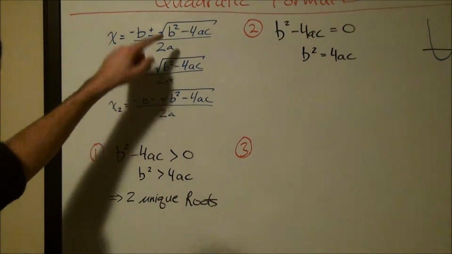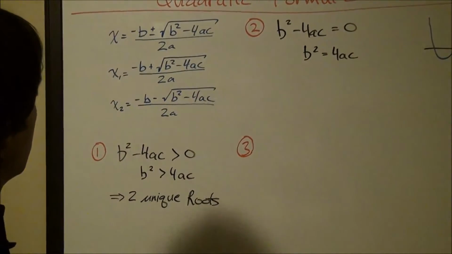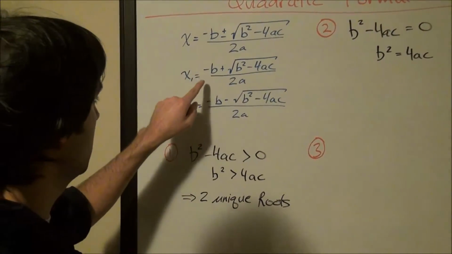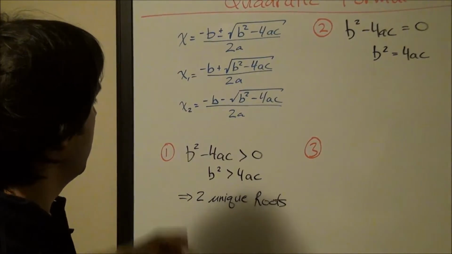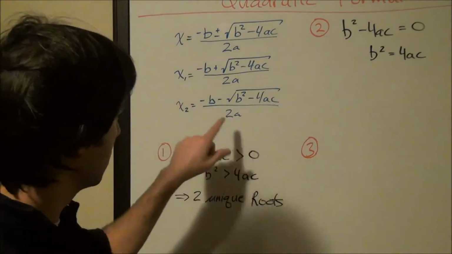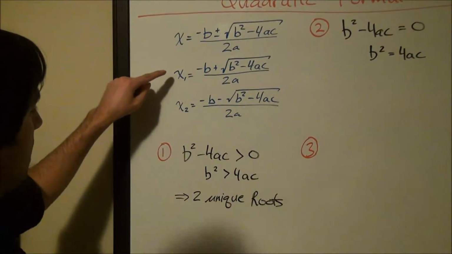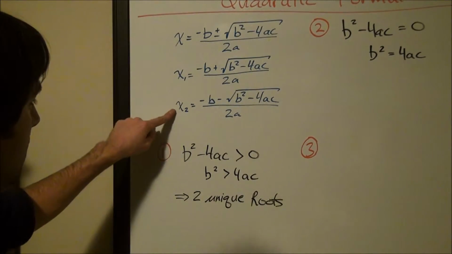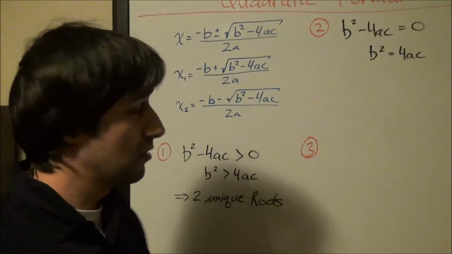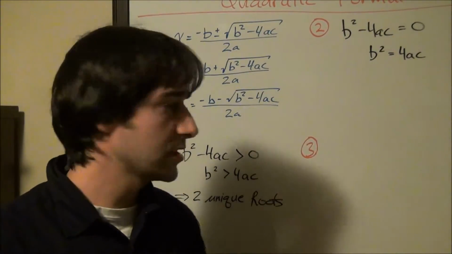Now, if this entire thing is 0, then minus b plus 0 will be minus b, and then you divide it by 2a. And minus b minus 0 will still be minus b, all divided by 2a, which means that x1 and x2 are not two unique solutions, but rather one solution, because they're both the same.